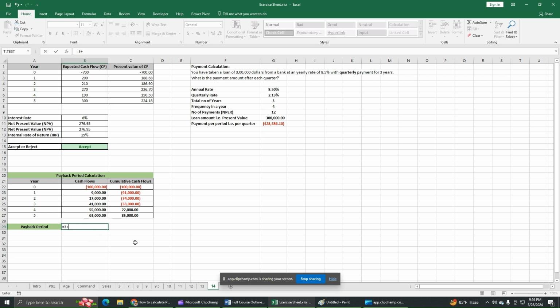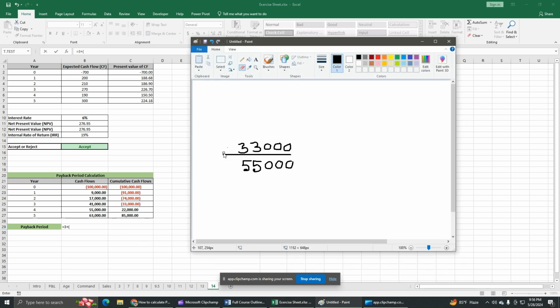So how can we do that? Start with a bracket, then on the top we have to give this one, the amount we needed to cover finally, and here we have to give 55,000, that is the fourth year's inflow.